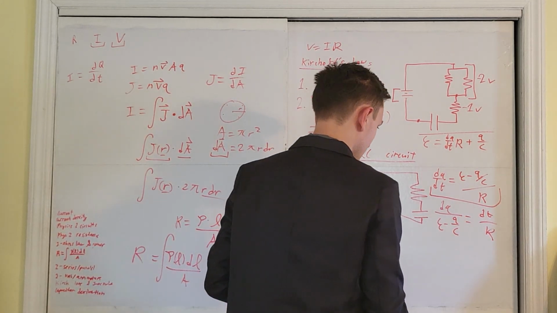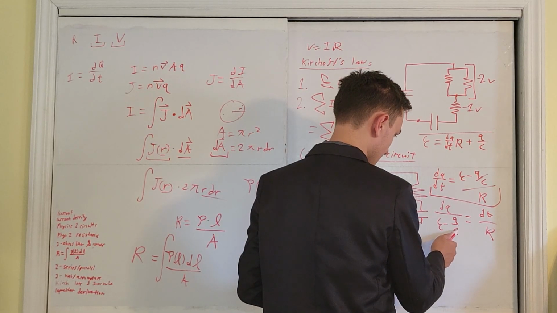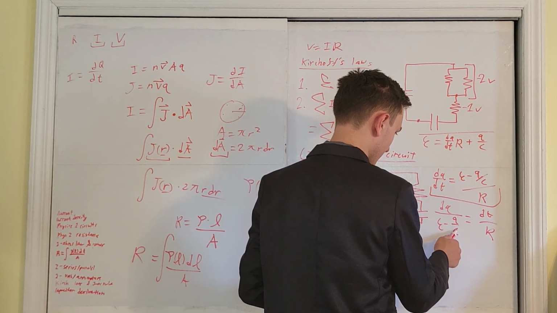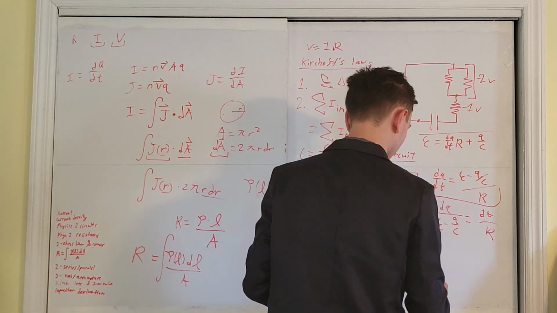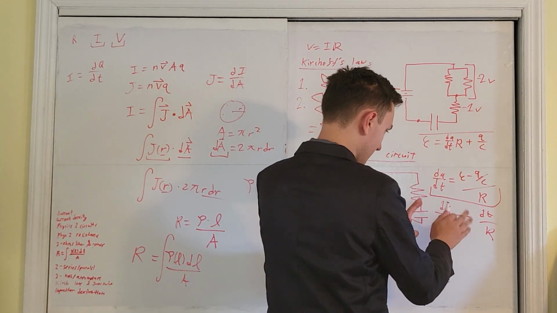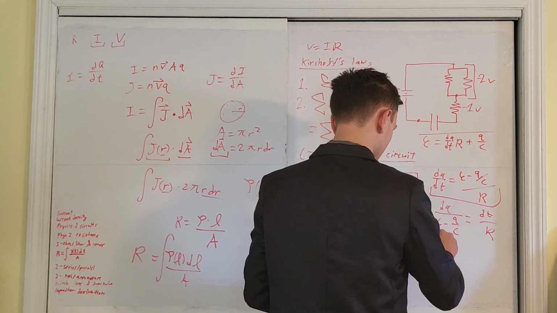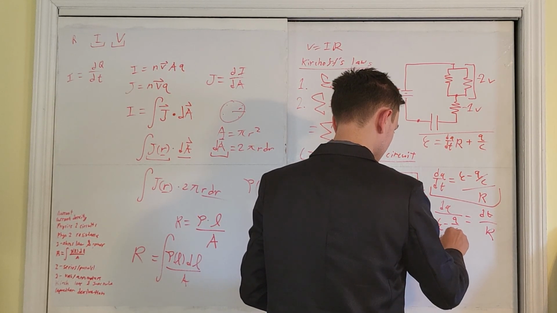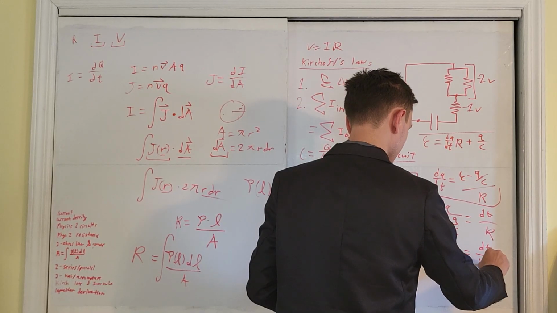Okay? Next, what I can notice here is I can manipulate this to get my capacitance on the right side. And you'll see why that's important in just a moment. I can multiply both sides by 1 over the capacitance. So 1 over c times dq over epsilon minus q over c equals dt over rc.